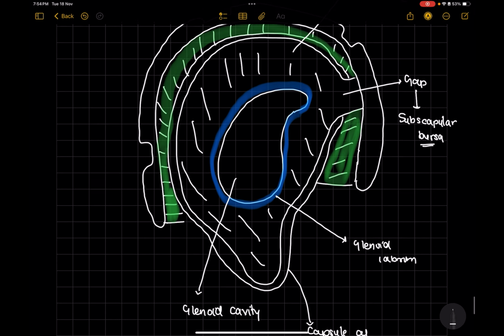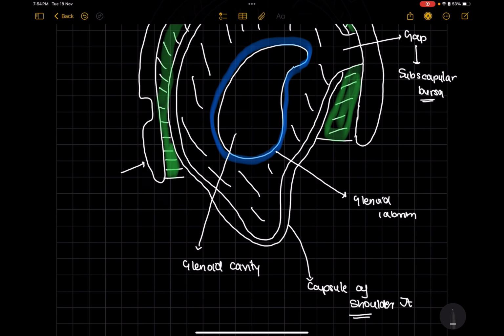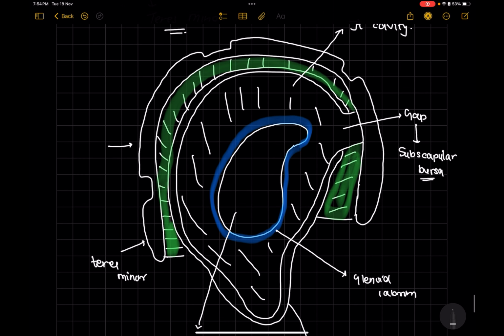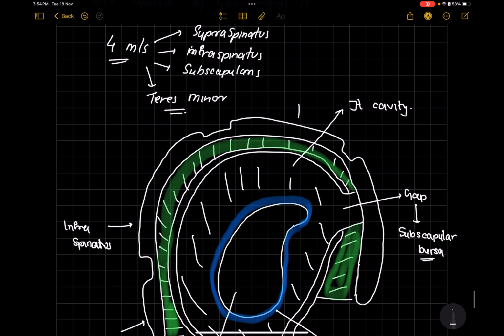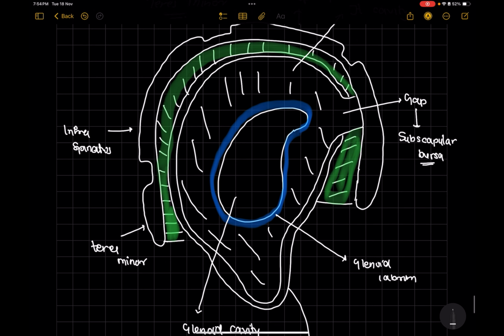And now lastly the muscles. This was your teres minor, this was your infraspinatus, this is your supraspinatus, and this is your subscapularis. Done?